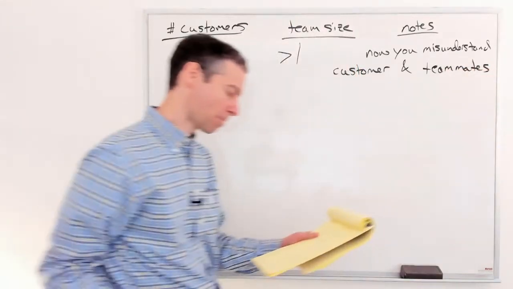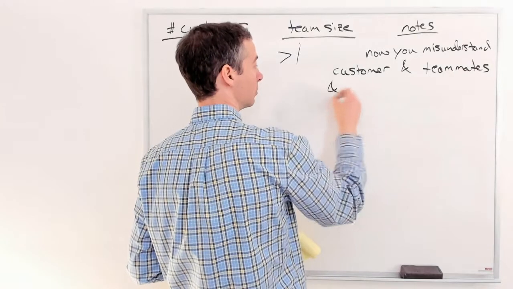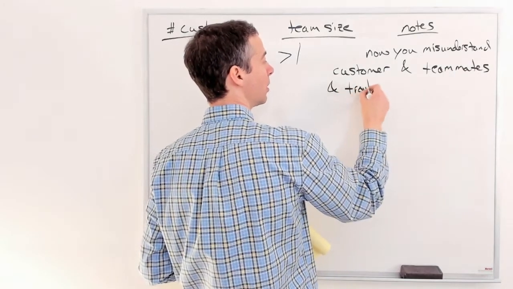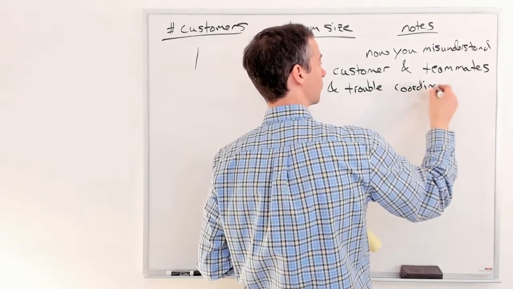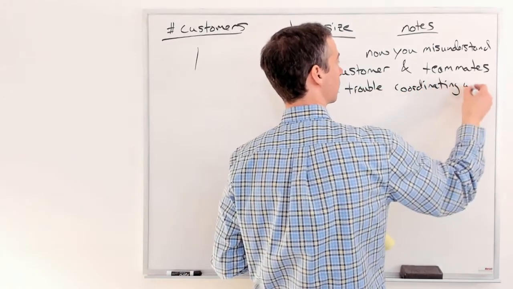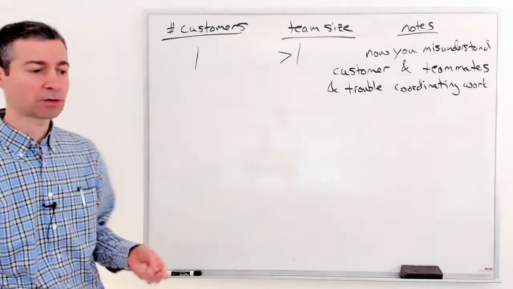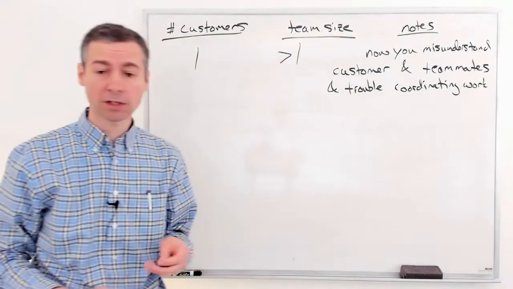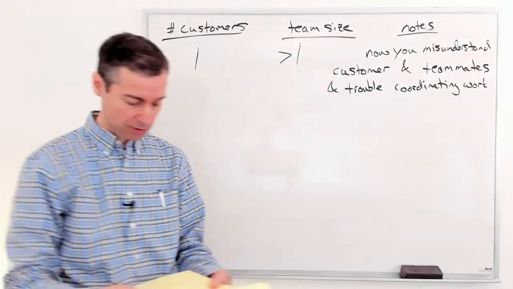All right. Which leads to trouble coordinating work. You're working as a team, but you're having trouble understanding each other, misunderstanding. You create misunderstandings. It's going to lead to additional coordination problems.